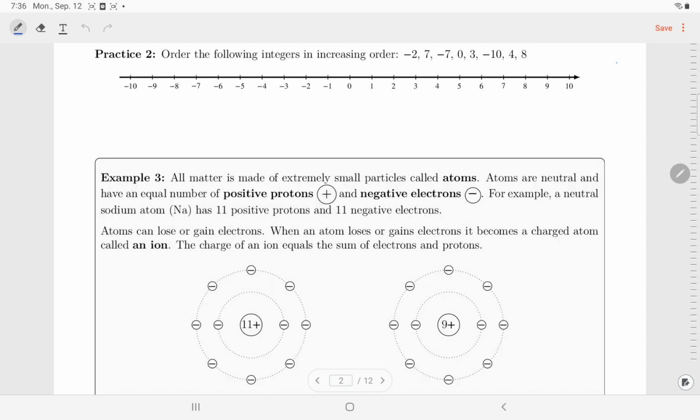Let's order the following integers in increasing order. We start with the smallest number, the most negative number, -10.